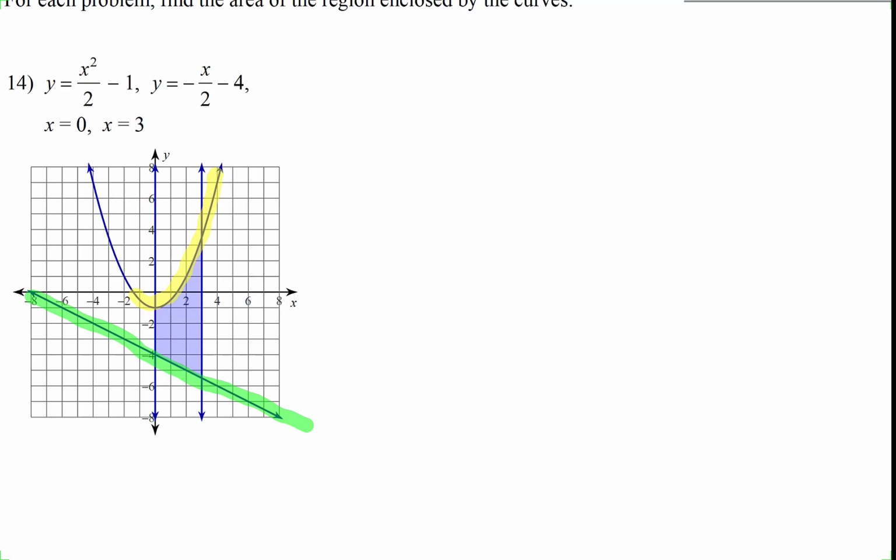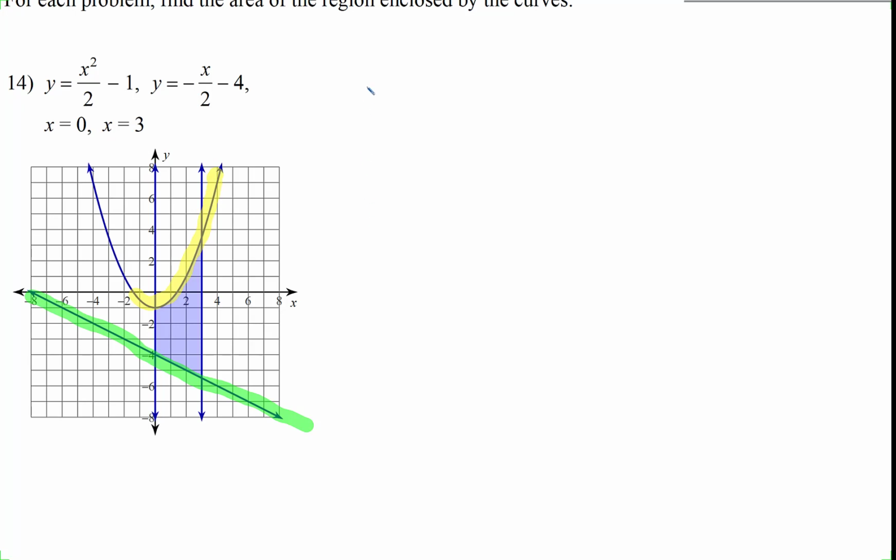So when you go to integrate, it's the upper function, the higher function, subtract the lower function. At least in examples like this where one is above. When it's with respect to y, it'll be the right function subtract the left function.